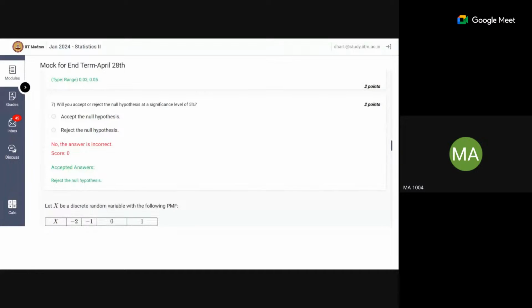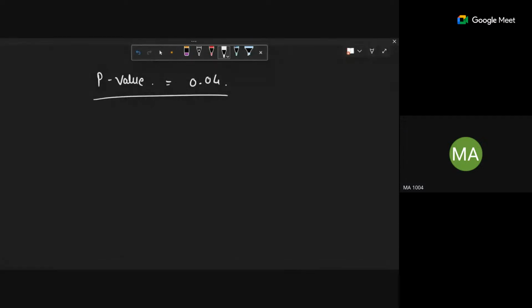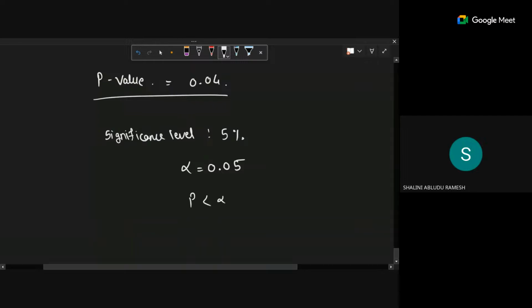If you have the p-value and someone is asking you about accepting or rejecting the null at a significance level of 5%, what will you do? Will you again check the whole calculation? Not required, ma'am. You compare the p and significance value. P is less than the significance value, so you reject the null hypothesis.